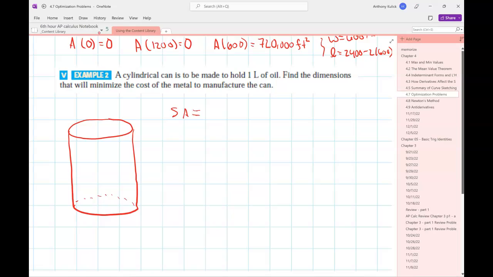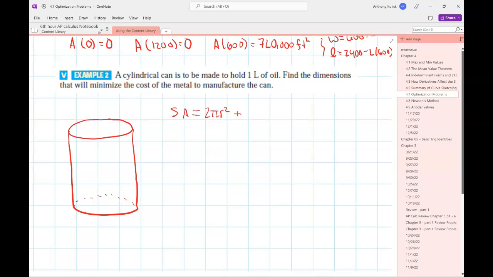How do we calculate the surface area of a cylinder? We have the area of the top and the area of the bottom. Everybody agree with that? Plus the area of the sides, right? What shape is that side if you unfold it?